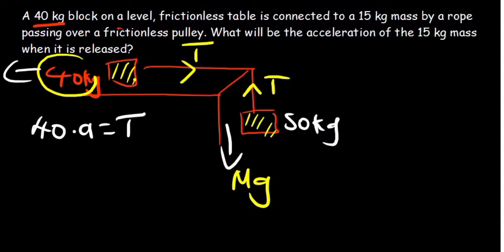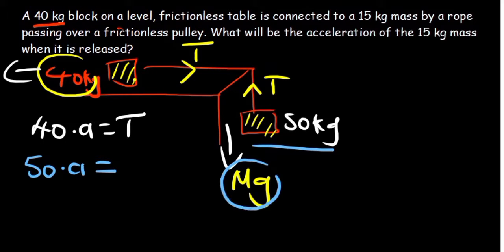That is the only equation for the first part. For the second part, net force is mass multiplied by acceleration, equal to what is making it go downwards, the weight, minus what is opposing, the tension. These are the two equations that we have.